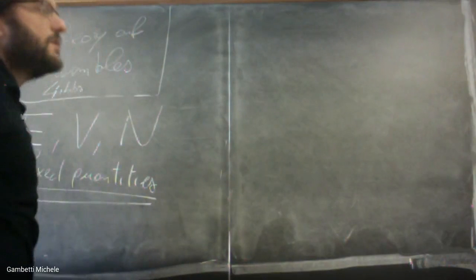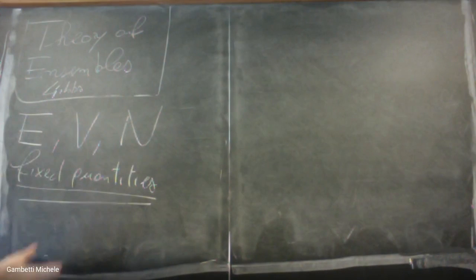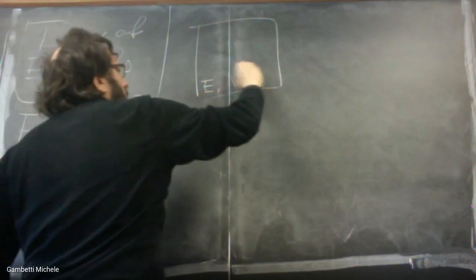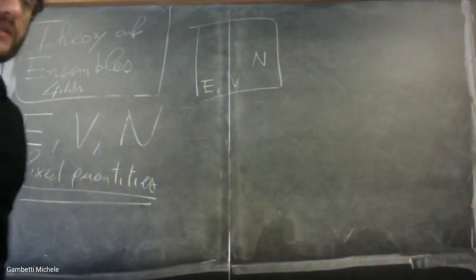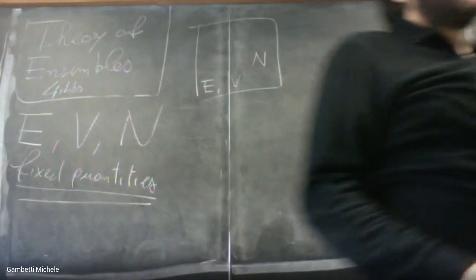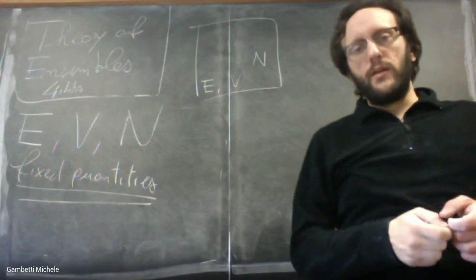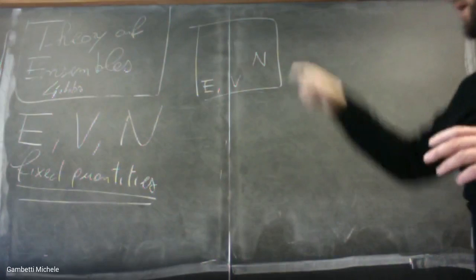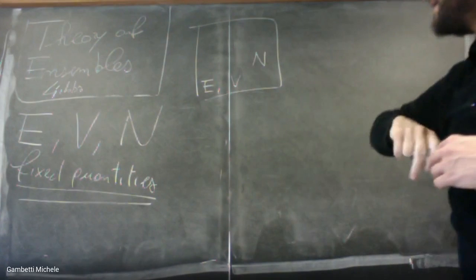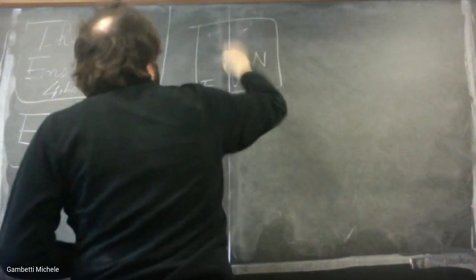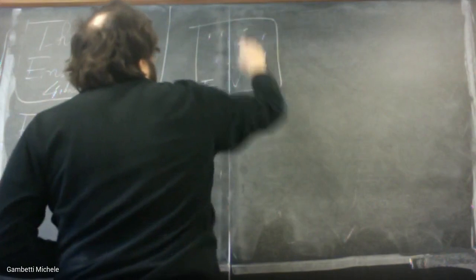Okay? So now we know, of course, that intuitively, when I fix the total energy, the volume, and the total number of particles in my macroscopic system, there is a high degree of degeneracy for what concerns the position and the momentum of all of the particles inside the system. Okay, so this, of course, is the starting point of statistical mechanics.